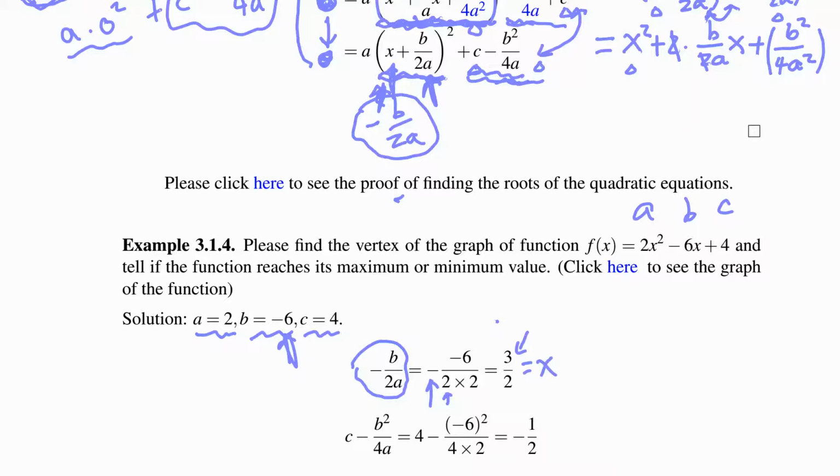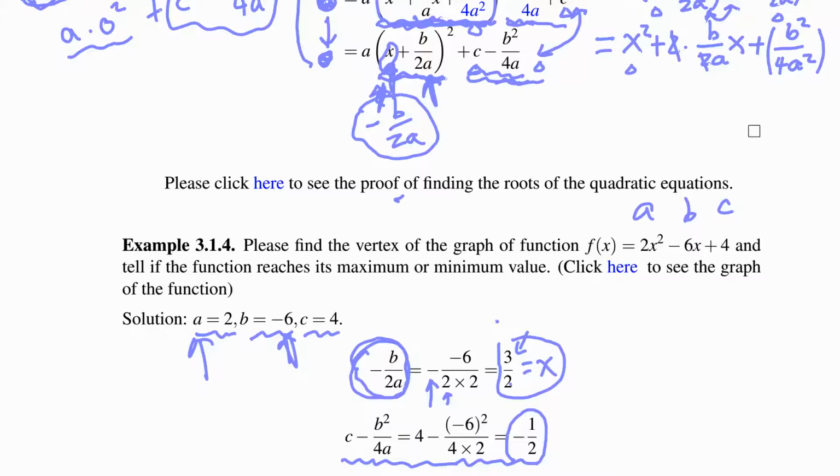So x equals this value, which is 3 over 2. Since a is greater than 0, then at x equals 3/2, the function will reach the minimum value, negative 1/2, by calculating c minus b squared over 4a.